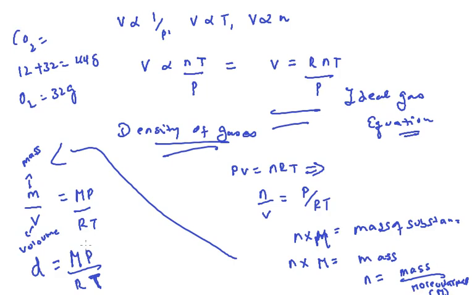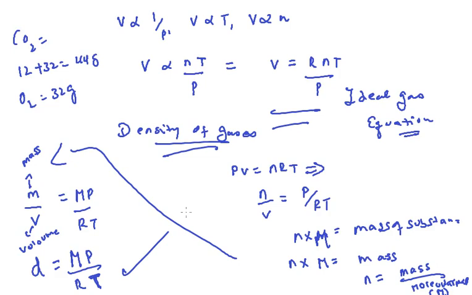If three parameters are given, then you have to think about the ideal gas equation. If the molecular mass is involved in the problem, then you have to deal with density. Okay. So remembering the laws and the principles would help you to resolve the problem.